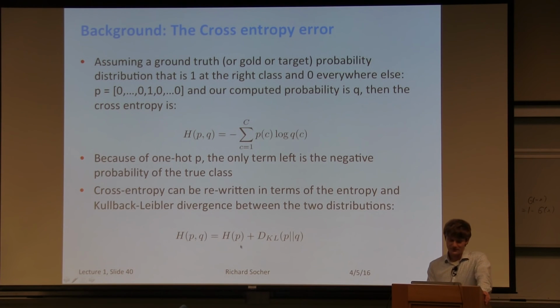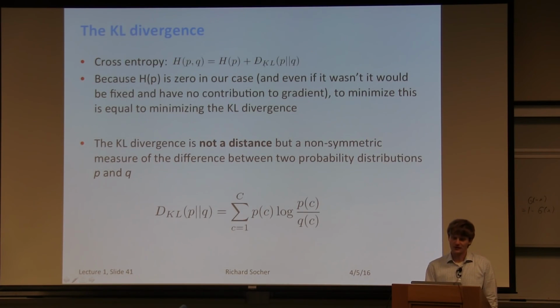The KL divergence is a non-symmetric measure of the difference between these two probability distributions, P and Q. Because we can rewrite the cross entropy this way, and this cross entropy error is the one we always optimize for when we train our softmax classifiers, it's pretty important.